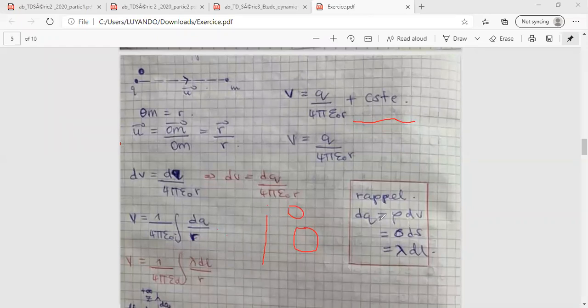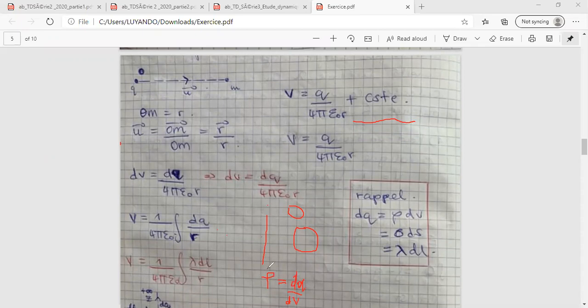So we have rho is equal to dq over dV. So this expression is rho equals dq over dV.